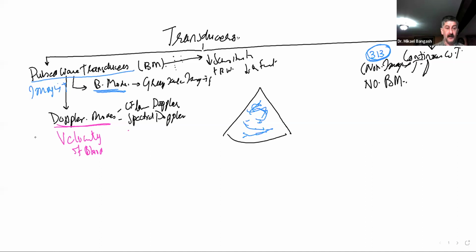In some specific Doppler modes, it would just be speed, not necessarily any direction, just how fast or slow it is flowing. But in most instances we will look at the velocity, which is that speed plus the direction.